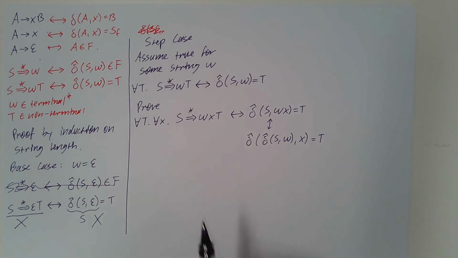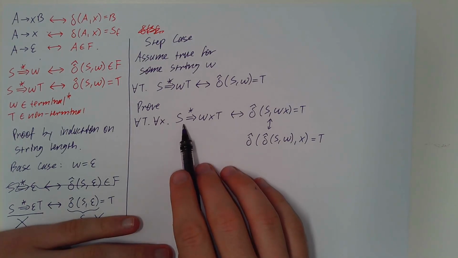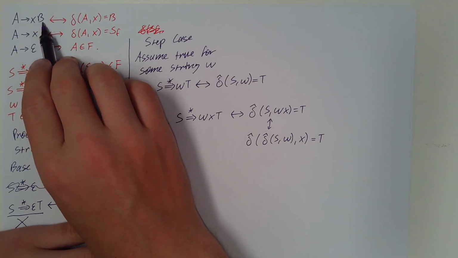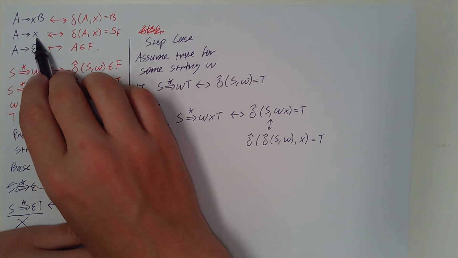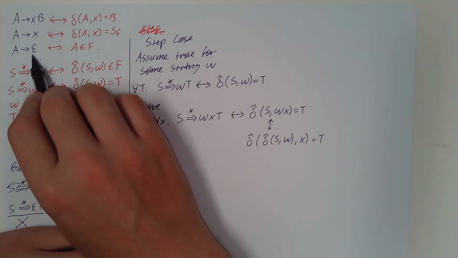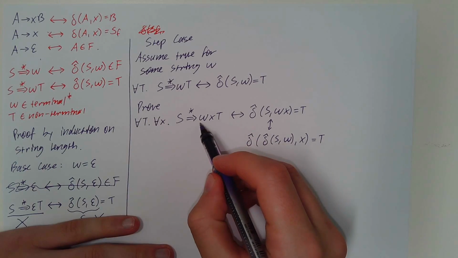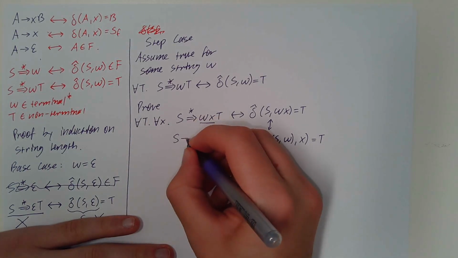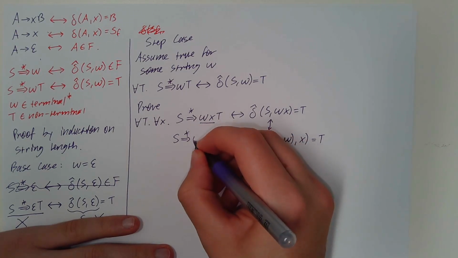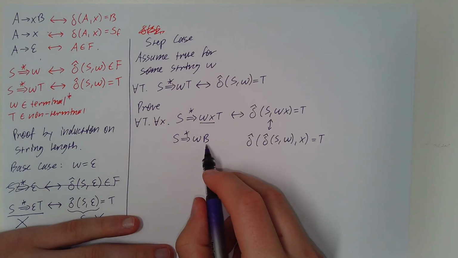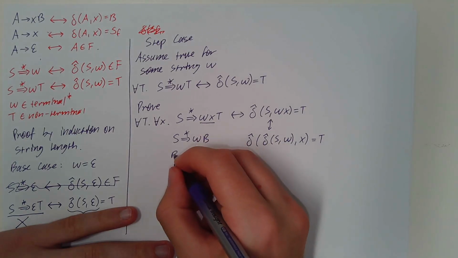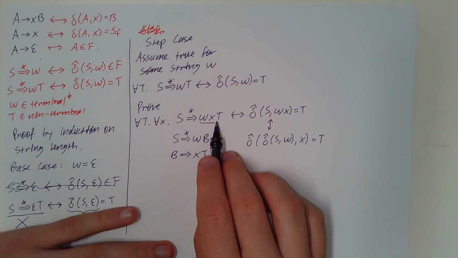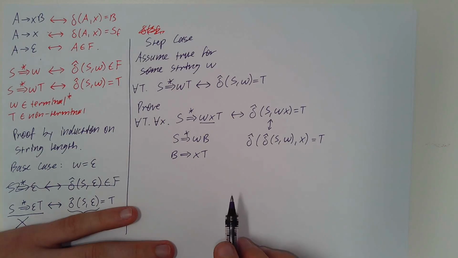The only derivations available to us add a character and another non-terminal, make a character immediately, or return epsilons. The only way to generate this string is if S can derive W and then some other non-terminal B, and then B can derive XT, because that's the only way using these transitions.